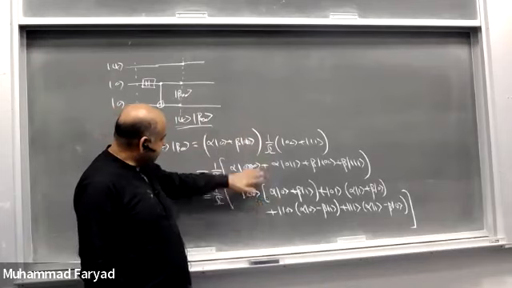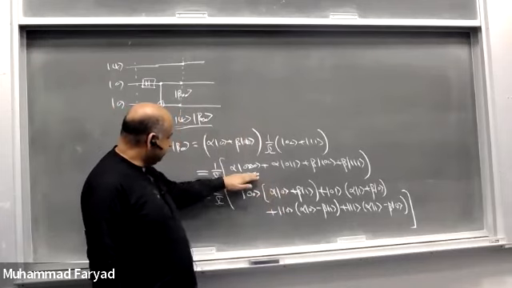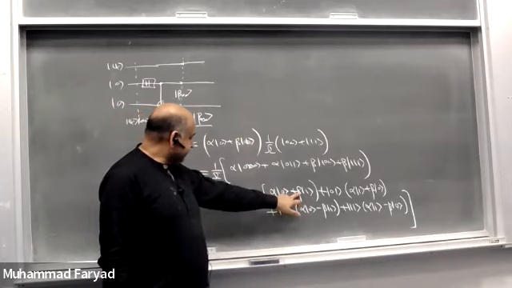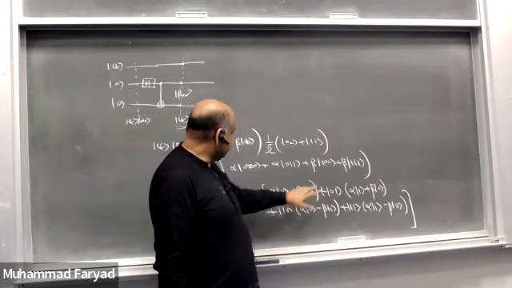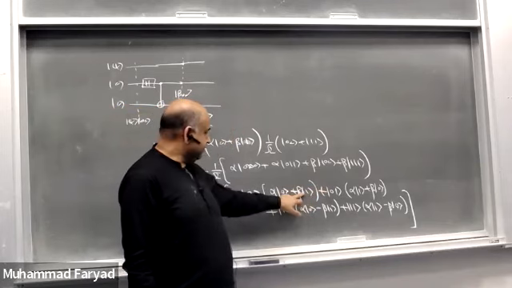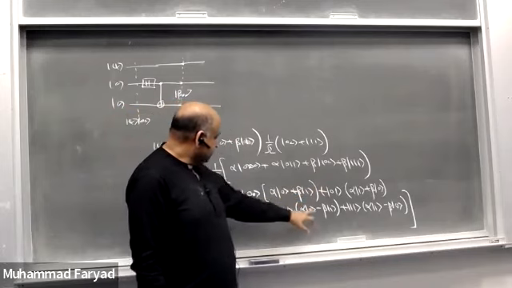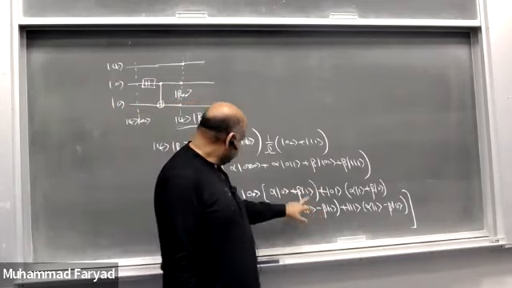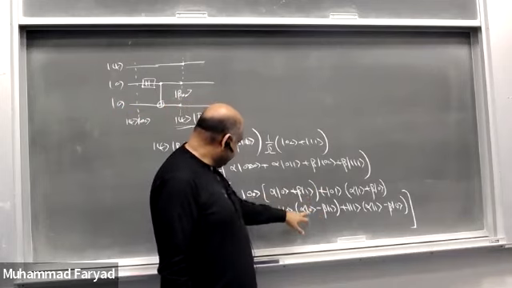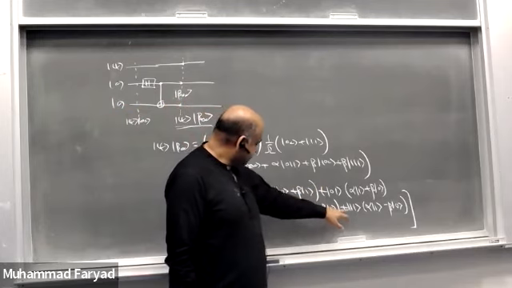Just to see that this is equal to this, you see the first term alpha 0, 0, 0 is here. The second term beta 0, 0, 1 is not here, so I have added this term myself. But I have also subtracted this term beta 0, 0, 1. Let's see, where is beta 0, 0, 1?